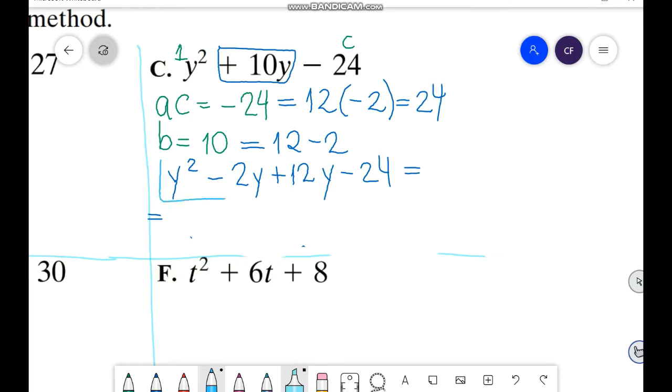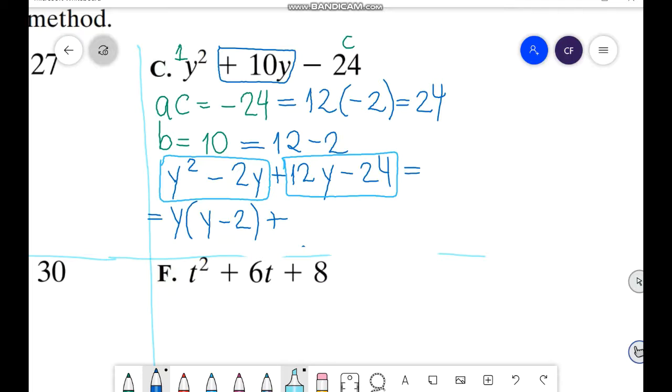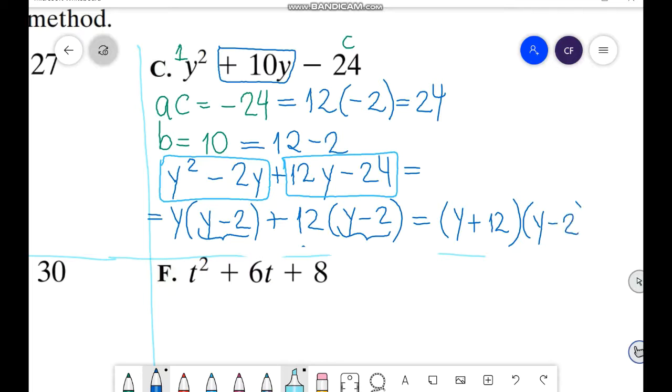We can group these two terms, and we can group these other two terms. And then we have y times y minus 2 plus 12 times y minus 2. Check it out. We have the same binomial, y minus 2. We can factor out y minus 2 as well. So it's y plus 12 times y minus 2.